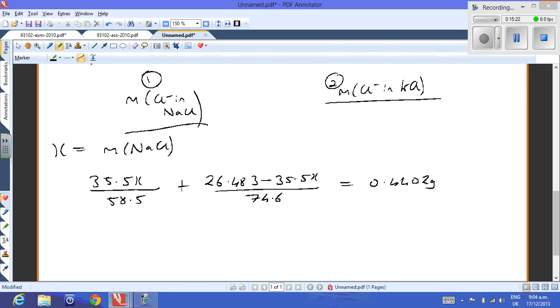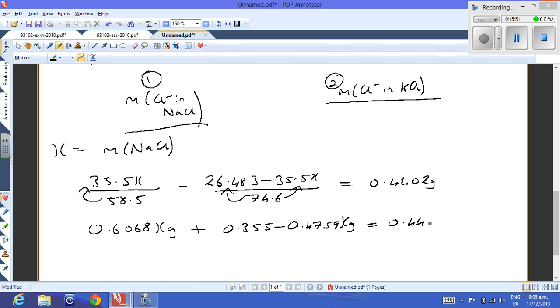If you divide 35.5 by 58.5, you get 0.6068x, which is in grams, plus, in this case, you divide that by that and that by 74.6 as well, you get 0.355 minus 0.4759x, which is in grams, and you're still equal to 0.4402 grams.